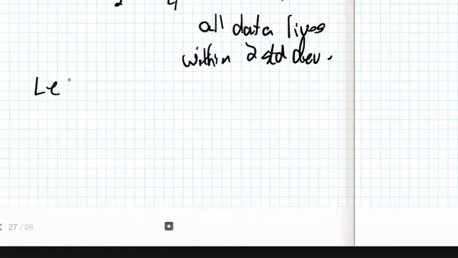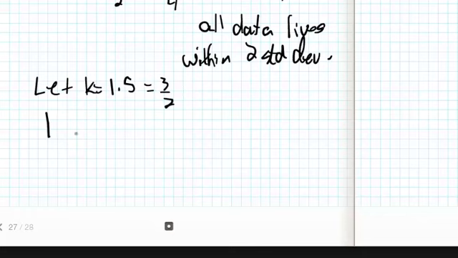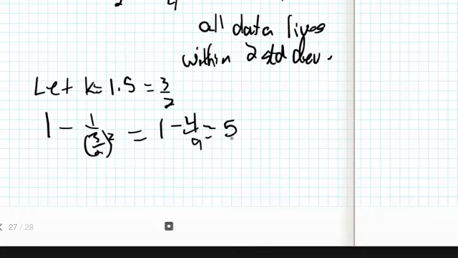Let's say that we go, I don't know, let's let k equal 1.5, or affectionately known as 3/2. Well, according to Chebyshev's, 1 minus 1 over 3/2 squared, which is 1 minus 4/9, which is 5/9, which is equal to 0.555 or 55.5%. That's like that, right?